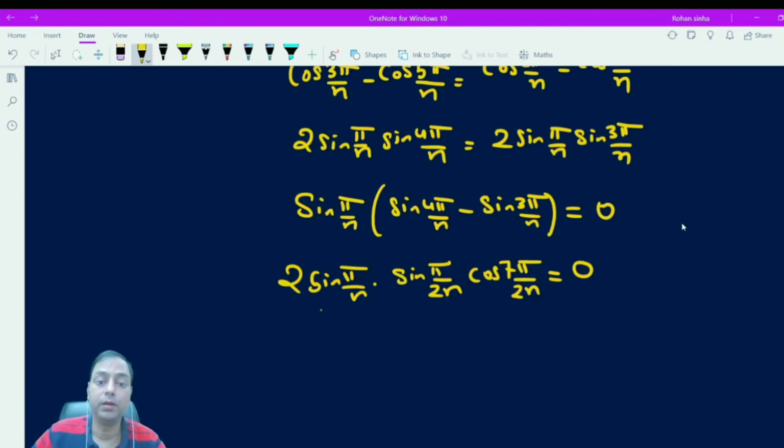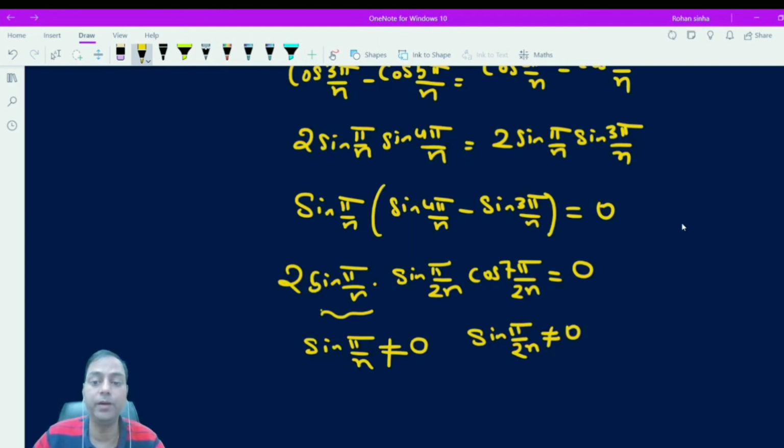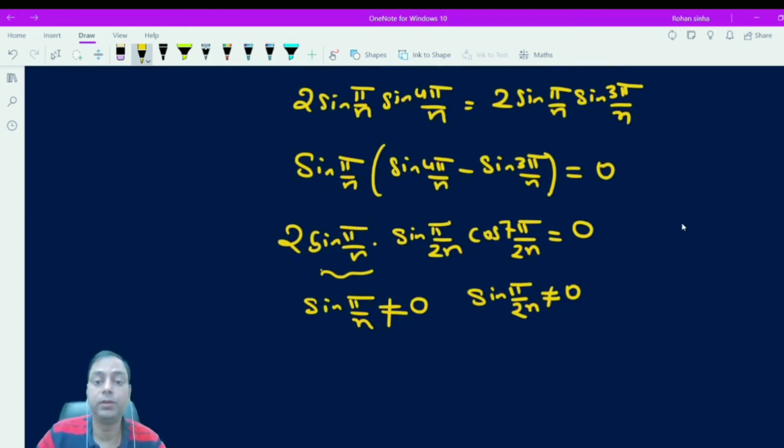Now, when this is 0, sin pi by n is not equal to 0 because n is an integer here. So this never will become 0. Similarly, sin pi upon 2n is not equal to 0 because n is a positive integer here. So this will never become 0. The only possibility is cos 7 pi by 2n is equal to 0.